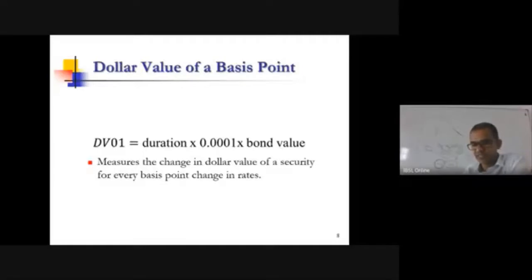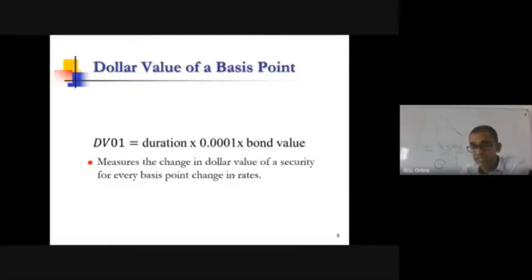To measure it easily or quickly get some idea, this dollar value of a basis point concept is used. What would be the change in price or value in terms of dollars or rupees, whatever unit of currency, if the yield changes by 1 basis point?